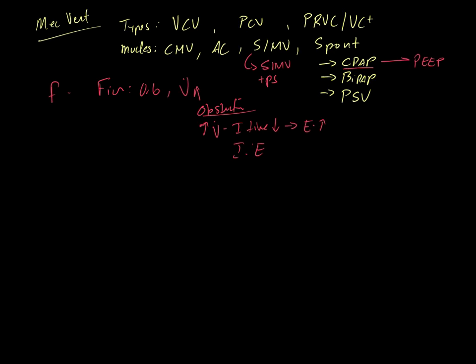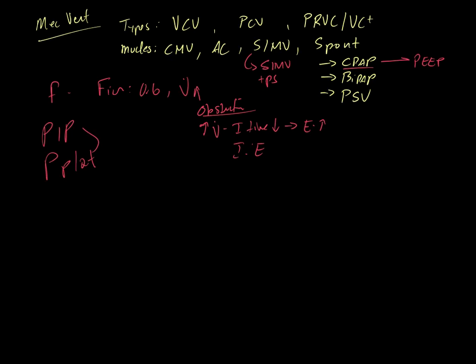Some other things, you know what the peak inspiratory pressure is, and the plateau pressure, the P plat. All right. And the difference between the PIP and the P plat tells us something about the airway resistance. So if there's a large difference, that is the PIP is really high and the P plat is far below that, that tells us that we're dealing with some sort of obstructive pathology, something that's increasing airway resistance.